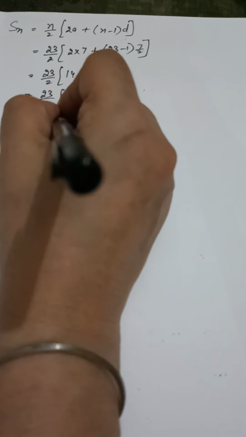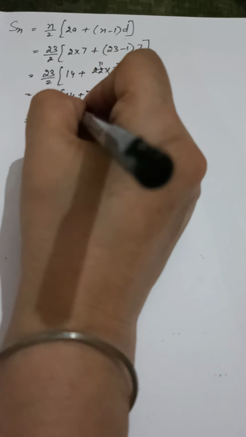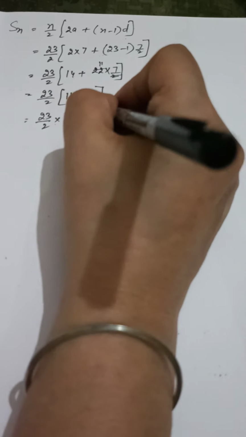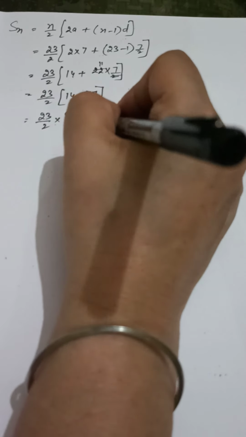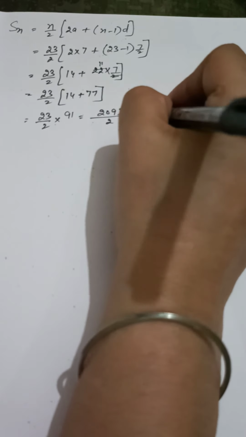That is 23 upon 2 into 91. That is equal to 2093. When we multiply this, then we get the answer. So that is your answer.